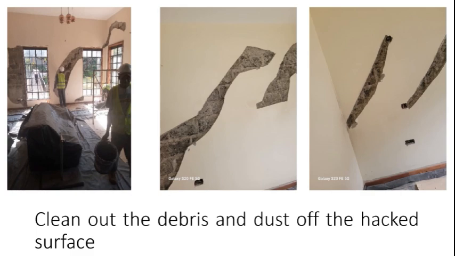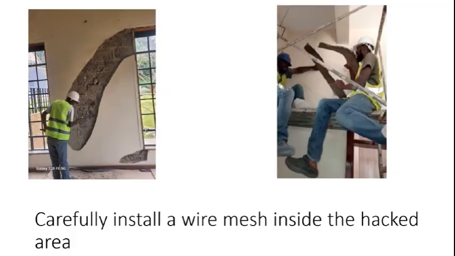You may find that the faults were actually on the mortar itself. You inspect whether it's the masonry that is weak, and after exposure you'll be able to tell what was the cause of these faults. And you continue and carefully install a wire mesh inside the hacked area so that it's able to take the tension.